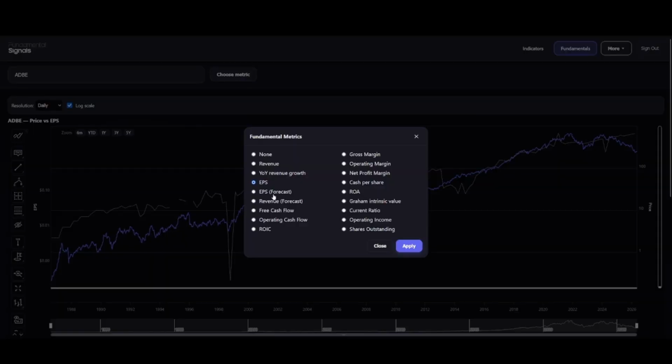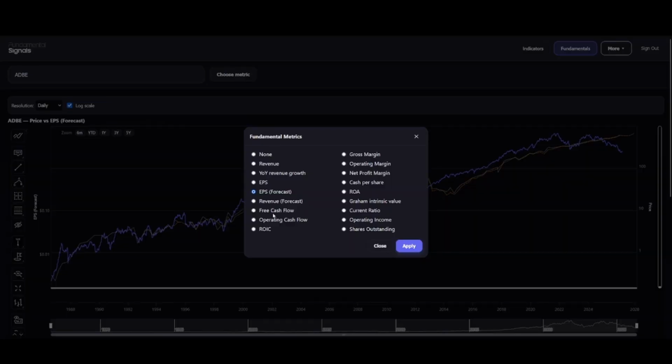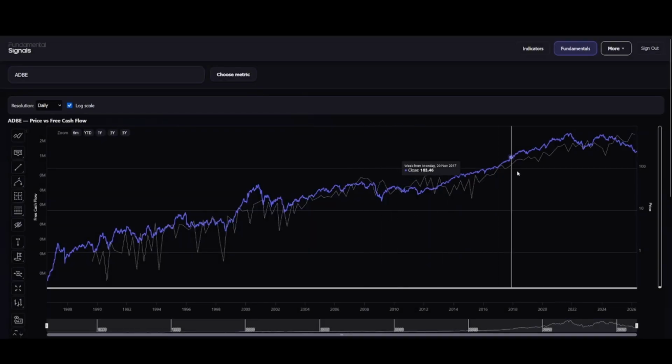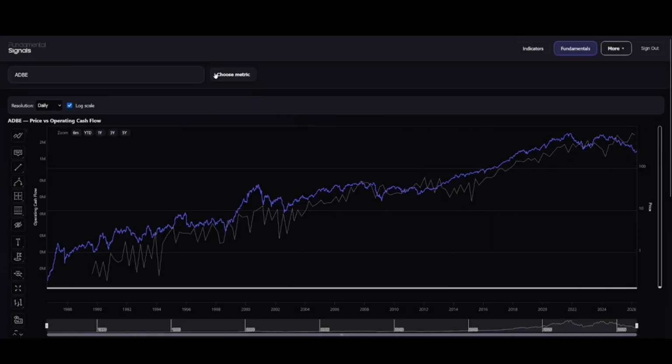And then we can see that forecasted EPS is still going up, doesn't show any sign of weakness. Free cash flow just keeps going up. Price going down from January 2025, but free cash flow still going up. Operating cash flow, same story, up.